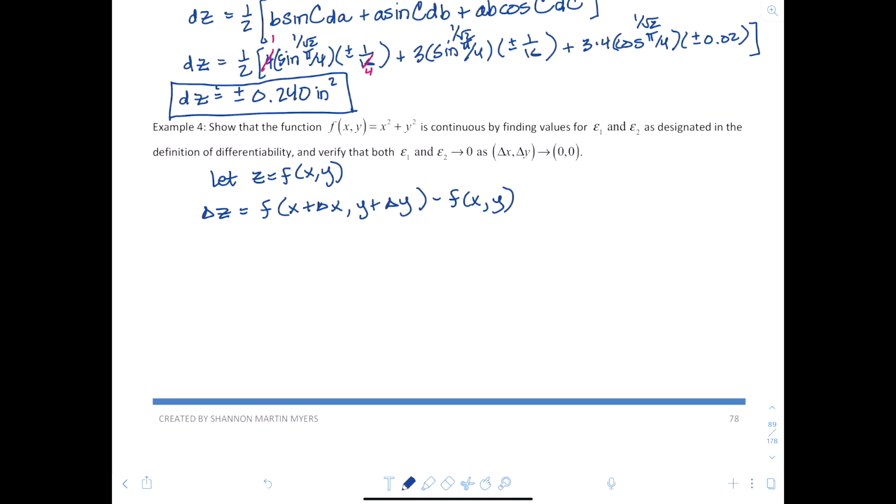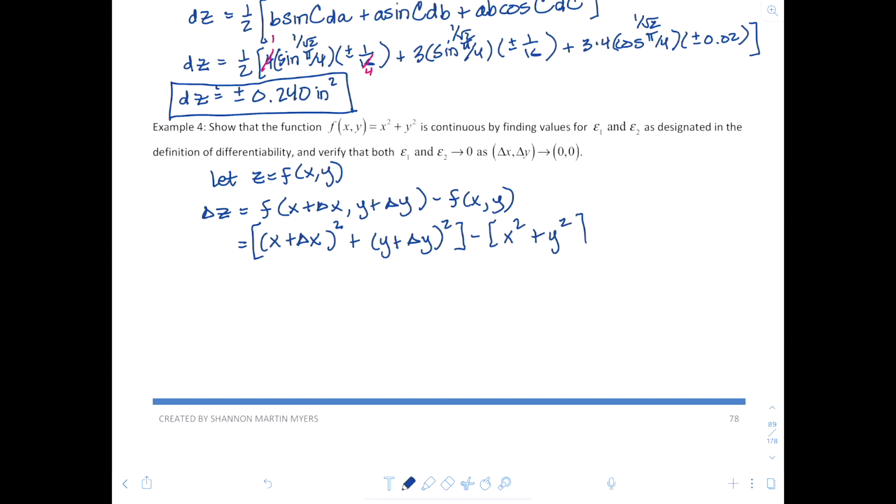Well, what's that going to be for our particular function? We've got x squared plus y squared, so we'd have x plus delta x squared plus y plus delta y squared. That's for our f of x plus delta x, y plus delta y. And then minus f of x and y is going to be x squared plus y squared.